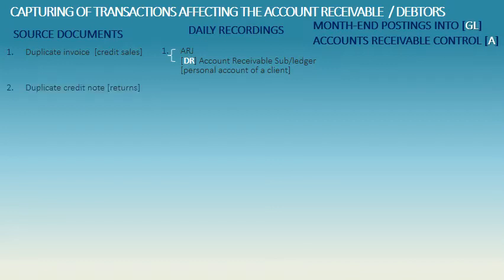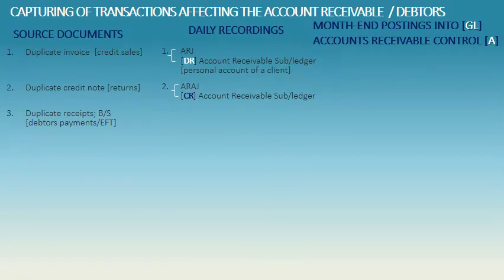For the duplicate credit note for returns, these will be recorded on a daily basis in the accounts receivable allowances journal and immediately credited to the accounts receivable subsidiary ledgers.